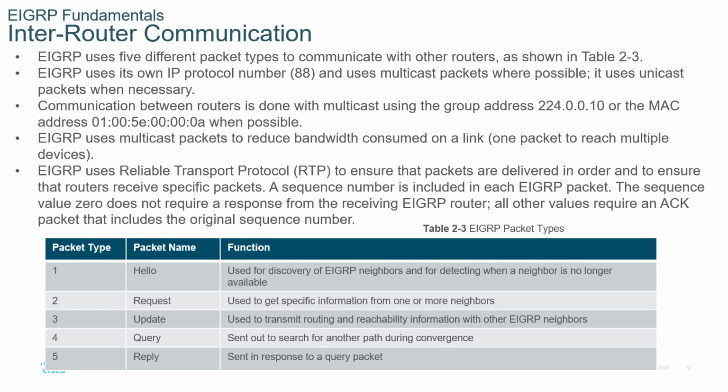It doesn't like doing that because unicast means it's got to send multiple packets for the same information, whereas with multicast, it just sends one packet out to reach everybody.